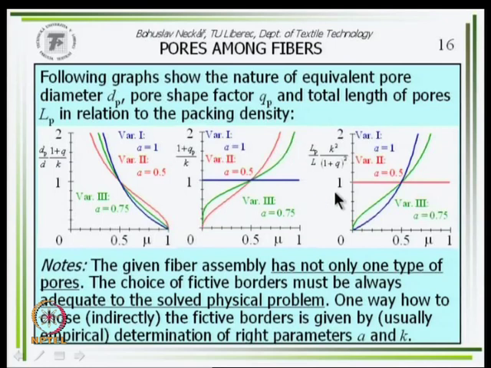Now how is it with the total length of pores? It is shown here. You can see that this quantity, which it is possible to evaluate using our equations immediately, is proportional to the total length of pore LP. All other is related to fibers. In version 1, the length of pores is increasing with packing density. In version 2, the length of pore is constant.